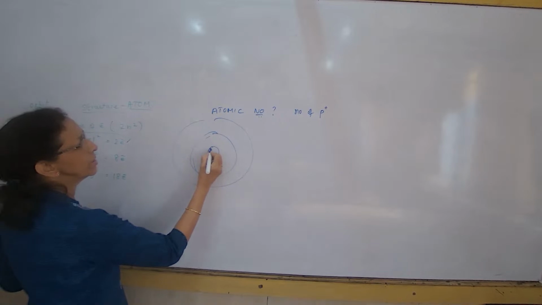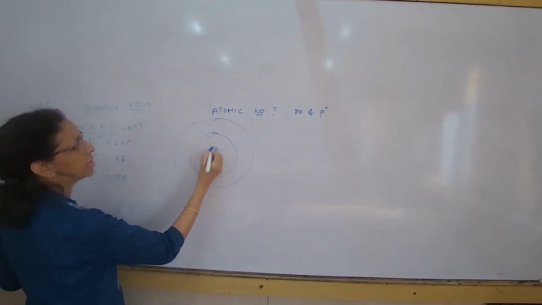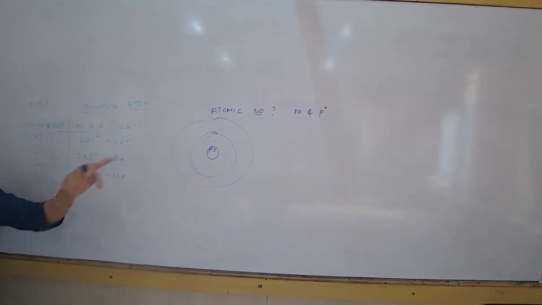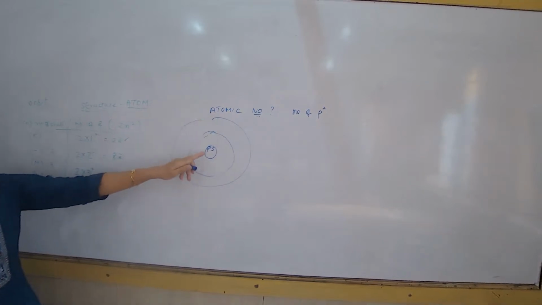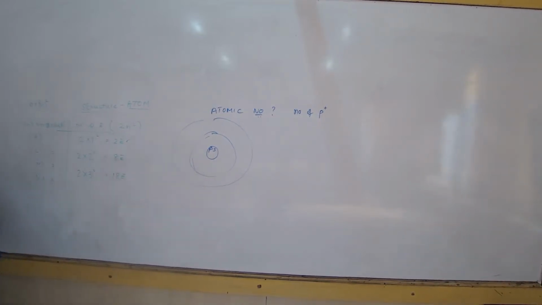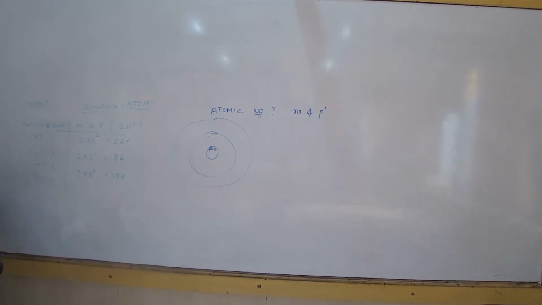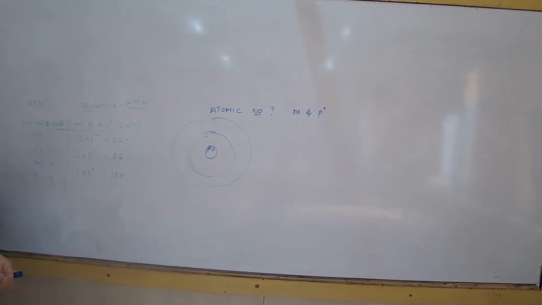Suppose I say there are 5 protons here. What will be the atomic number? 5. Atomic number is the number of protons. If the number of protons is 5, obviously atomic number is 5. If it is 50, what is the atomic number? It is 50. Did you understand?